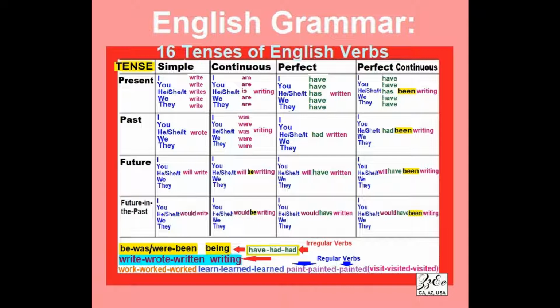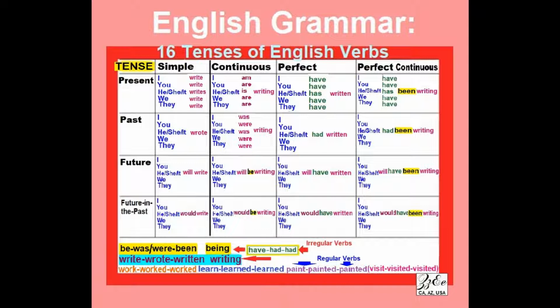Because it is perfect, of course, it needs auxiliary have, which it has. Because it is present perfect continuous, it needs this auxiliary have to be in present tense. So we just repeat those auxiliaries from perfect tense. I have, you have, he has, she has, it has, we have, they have.